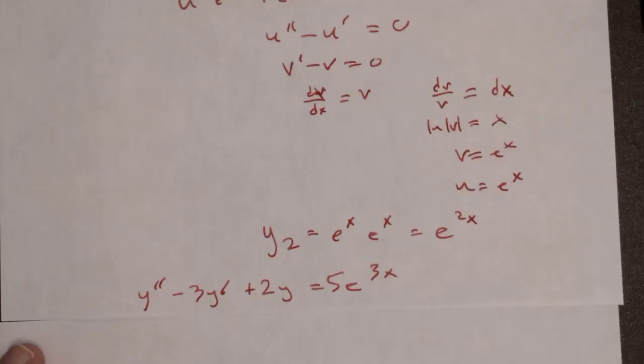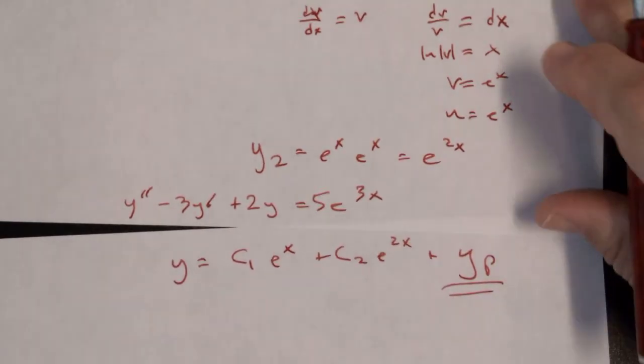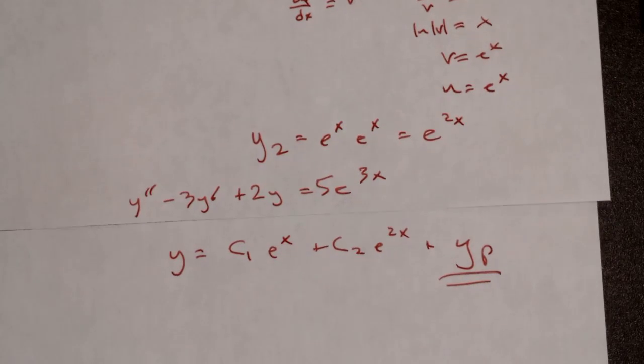And I know that y should be c1 e to the x plus c2 e to the 2x plus whatever my particular solution part is, right? So let's think about the e to the 3x bit, because I got e to the x, I got e to the 2x, I don't have anything with e to the 3x, right? So we have to figure out how we're going to come up with what this particular solution is.